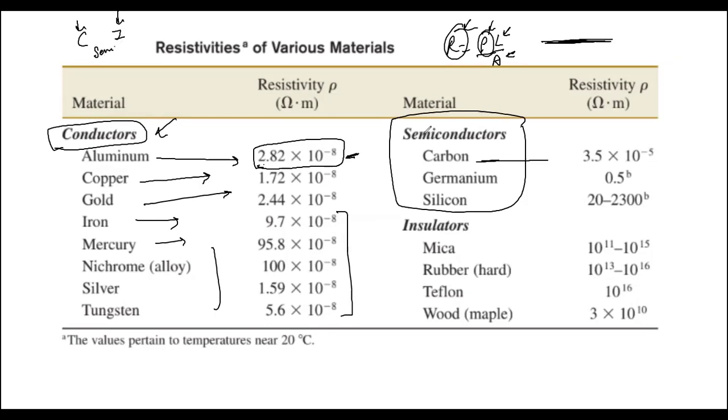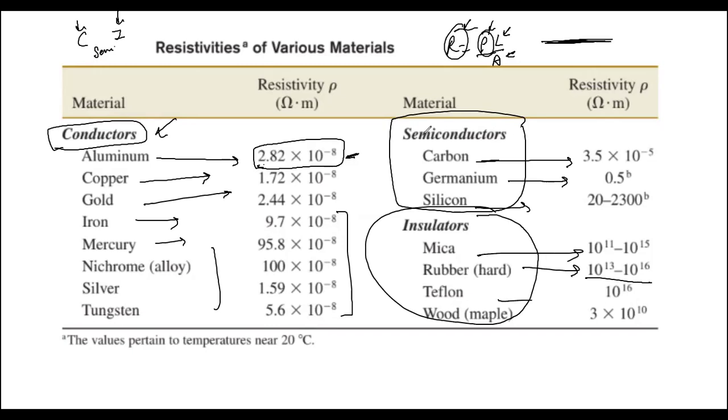So carbon has the value of 3.5 into 10 to the power minus 5, and germanium has 0.5, and so on, silicon. If we talk about insulators, if you pay attention over here, rubber has a value of 10 to the power 13 to 10 to the power 16. And if you see over here, mica, teflon, wood, these are 10 to the power 10.